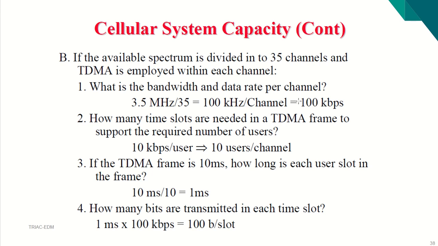As a result, it will equal 100 kbps. That's the data rate per channel. And how many time slots are needed in a TDMA frame to support the required number of users?